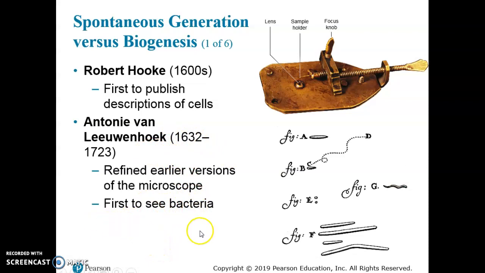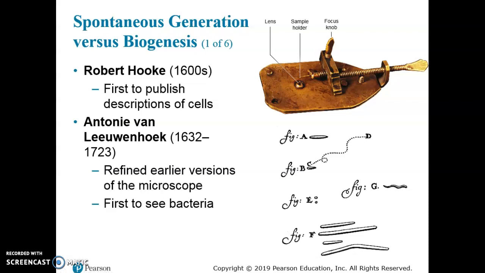He was the first to see bacteria. He made his own microscopes. They were very primitive. You see this, and it really doesn't look like a microscope that you would think was a microscope. But then he drew these drawings, and this was the first indicator that microbes were different from each other and that they looked different.